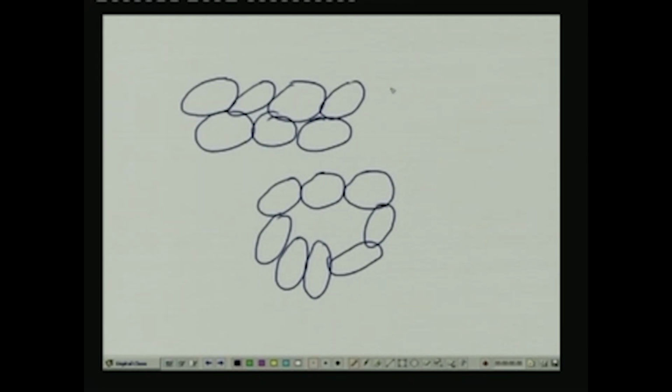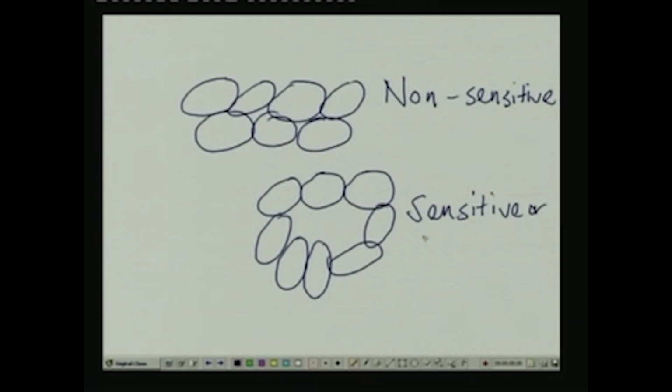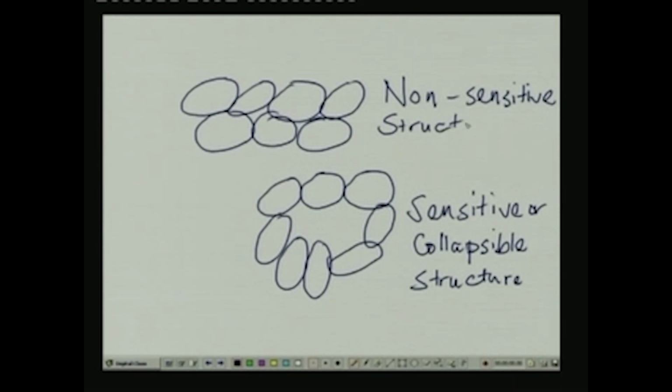This one is called a non-sensitive structure, and this is called a sensitive or collapsible structure. Now, the question arises, how could a collapsible structure actually develop?